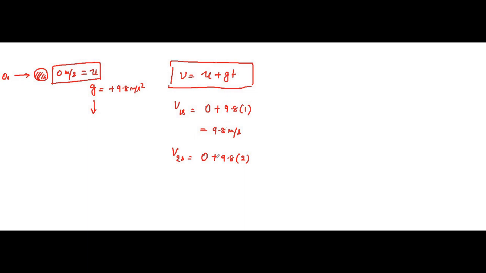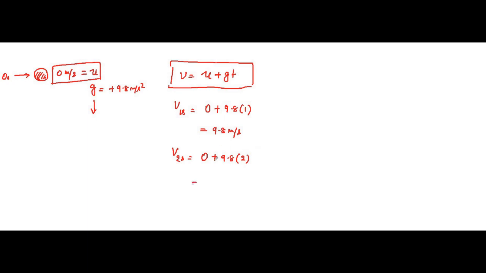g is plus 9.8 because the motion of the ball is downwards and acceleration due to gravity is also downwards. So acceleration is taken as positive, because in this case it is supporting the motion. It is causing it to accelerate. That's why the velocity is increasing.